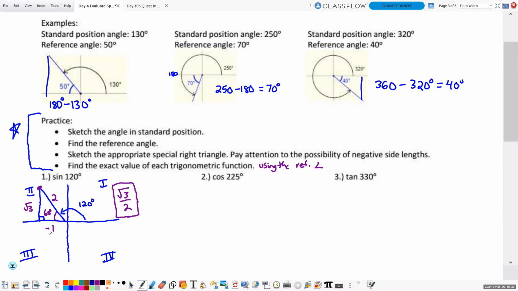We're always looking at the reference triangle or the reference angle. Go ahead and sketch number 2, cosine of 225. Send me the quadrant, comma, the reference angle.